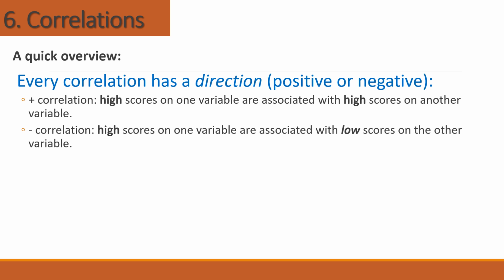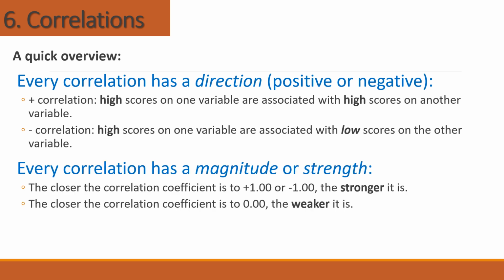In addition, correlations also have magnitude or strength. The magnitude tells the strength of the relationship. For example, the closer the correlation coefficient is to plus 1.00 or minus 1.00, the stronger the relationship between the variables, whether negative or positive.